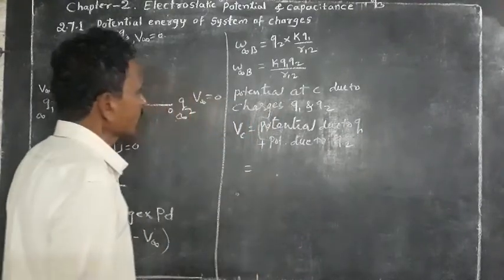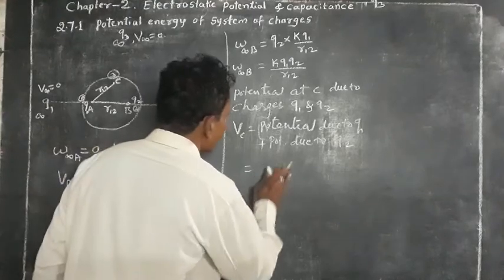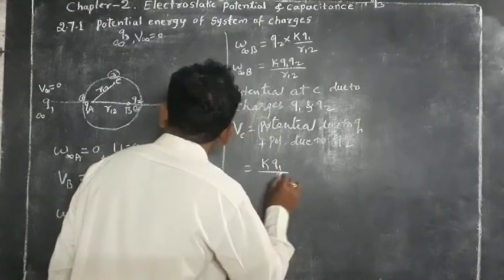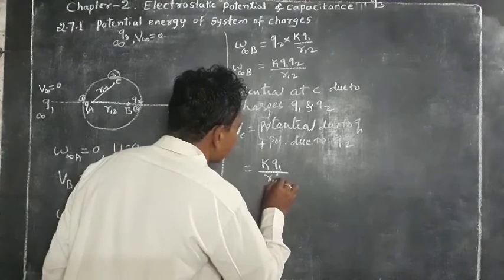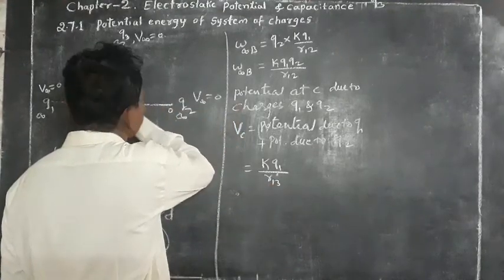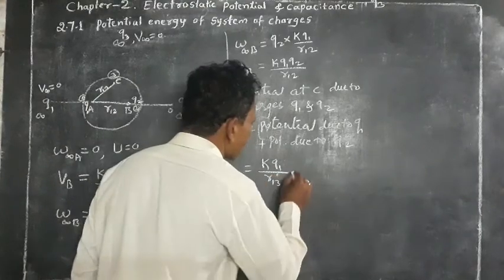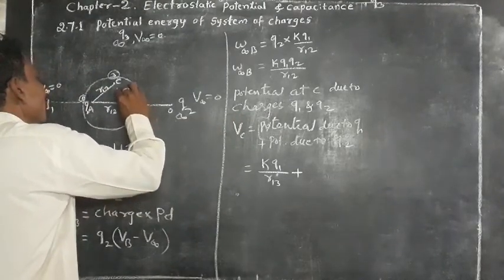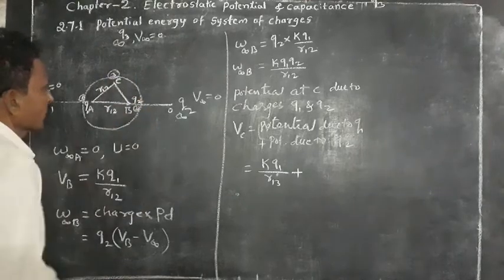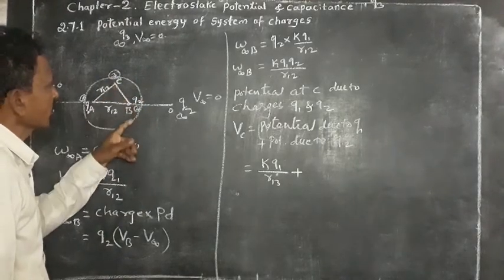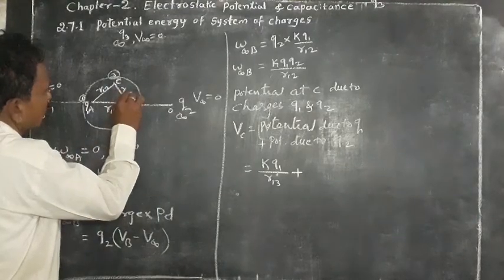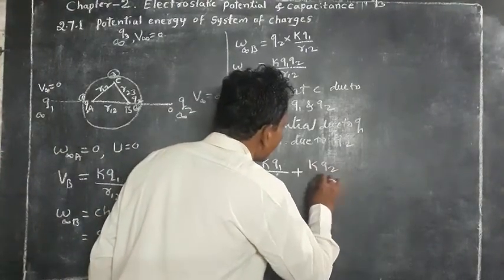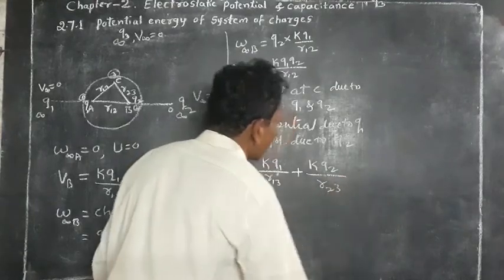That is equal to KQ1 upon R13, where R13 is the distance between A and C, plus potential due to Q2 at C. Let the distance between the second charge and third charge, or B and C, be R23, so that is KQ2 upon R23.